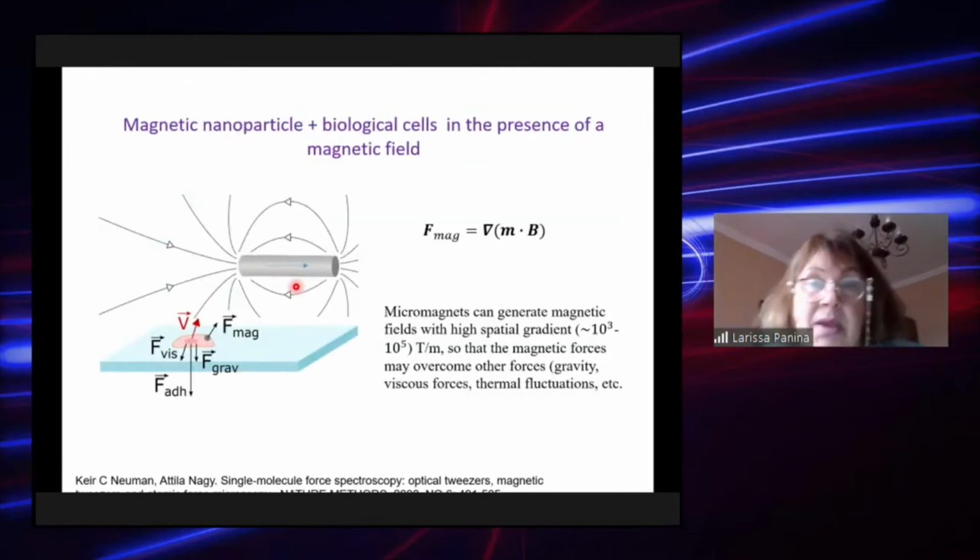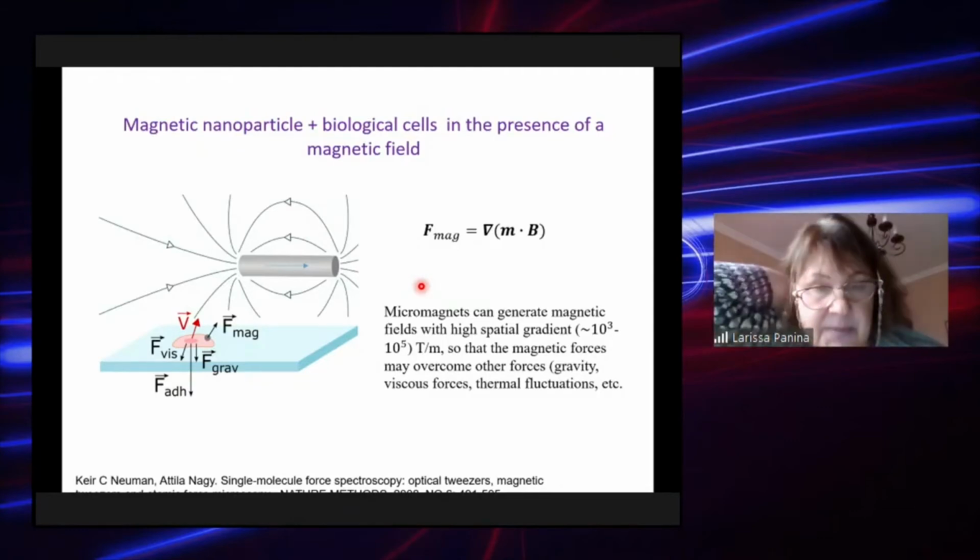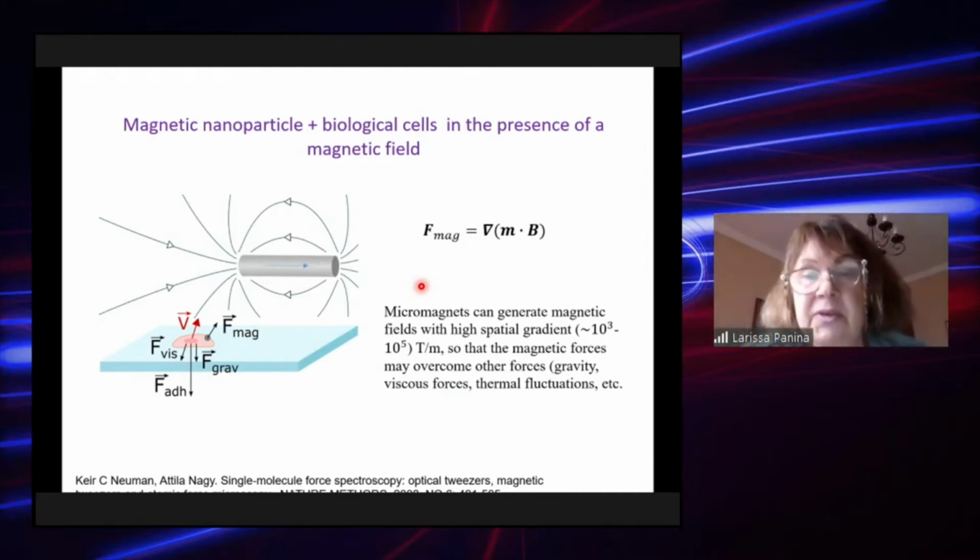The other application of magnetic microwires could be for producing high gradient magnetic field, because if we have high gradient magnetic field and M is magnetic moment of a particle, there is a force acting on these magnetic particles. But in order to move very weak magnetic particles, say even when we mark the cells with some nanomagnetic particles, their sensitivity will be quite low.